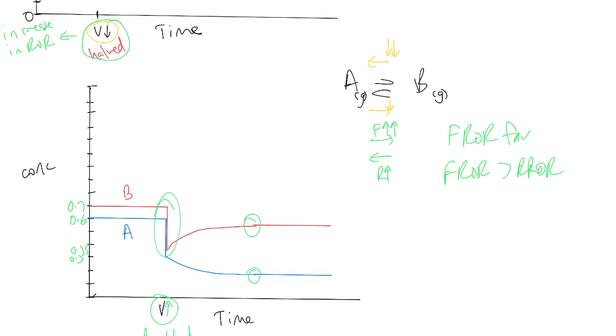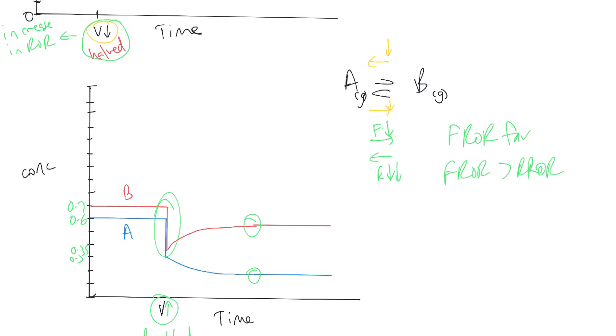Why did I do that? Sorry, here we go. Definitely the forward rate of reaction was favored. However, I shouldn't have written them as up and down. It really should be which one has gone down less. So this one has gone down less, and that one has gone down more.